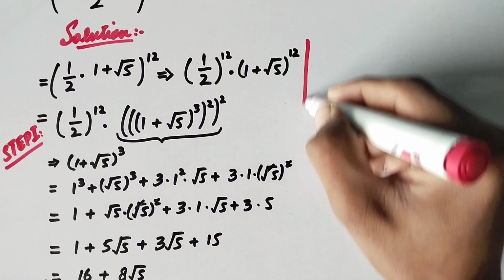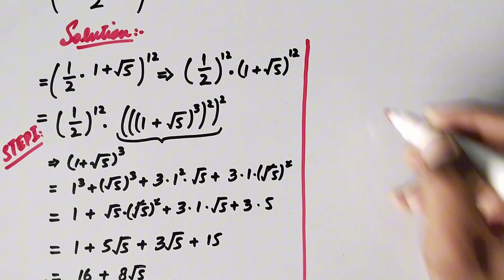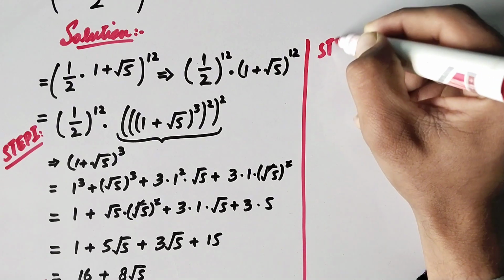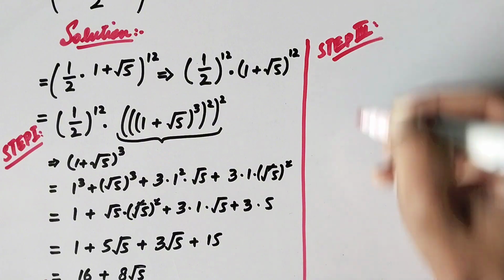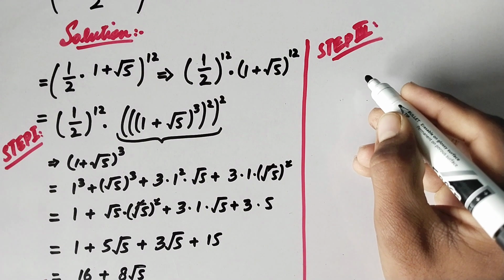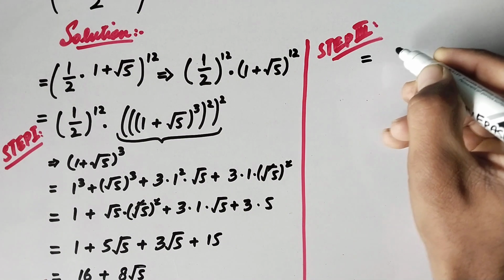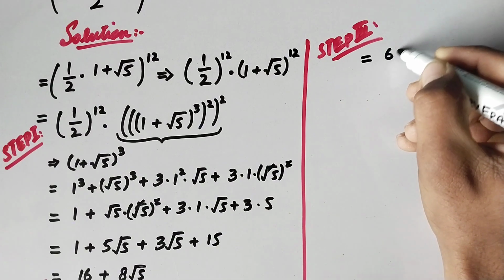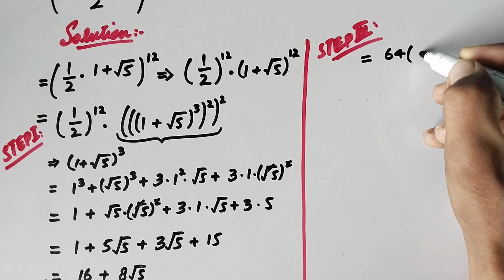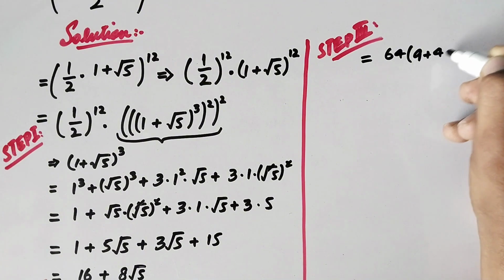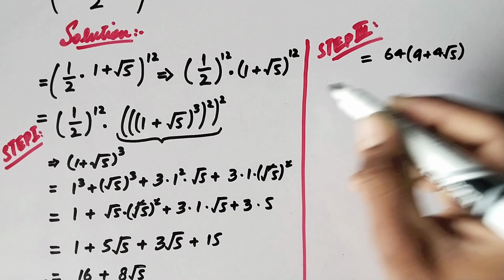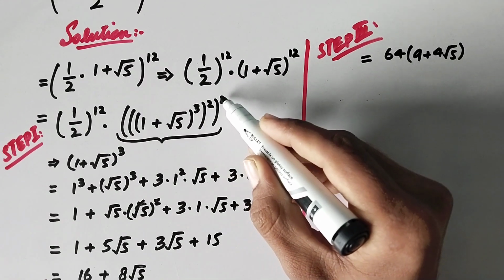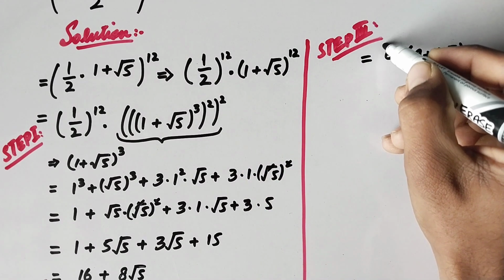Here we will write step 3. So we have solved up to here: 64 times (9 plus 4 times square root of 5), and now we will proceed with this square.